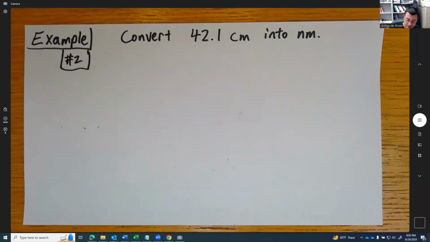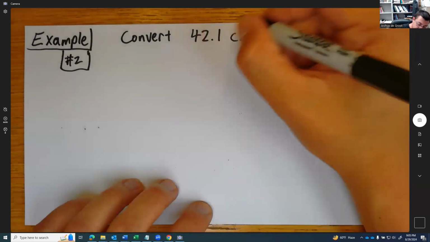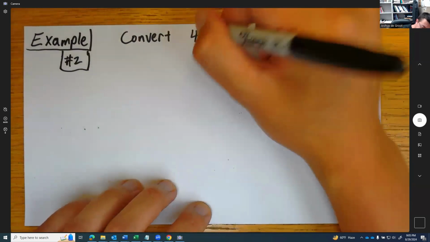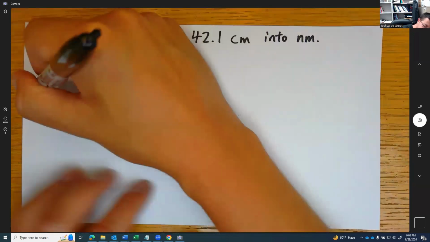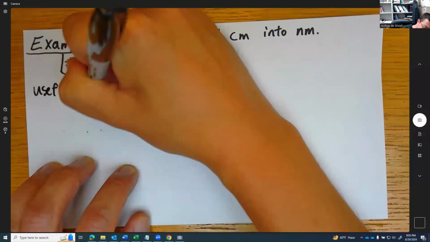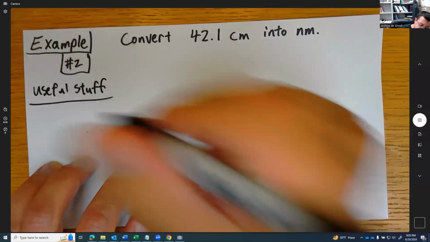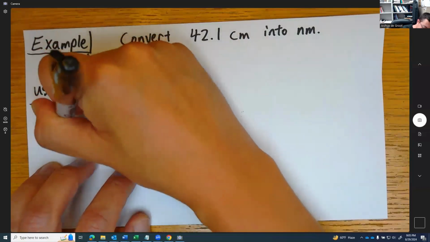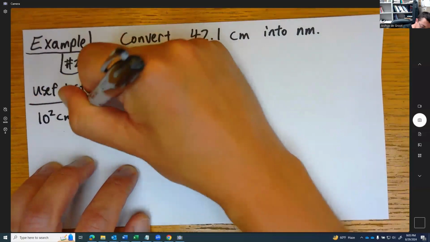So let me talk about what I mean. Let's make a note somewhere on the side, useful stuff. We know with centi, there are 100 centimeters, 10 to the second power centimeters, in 1 meter.